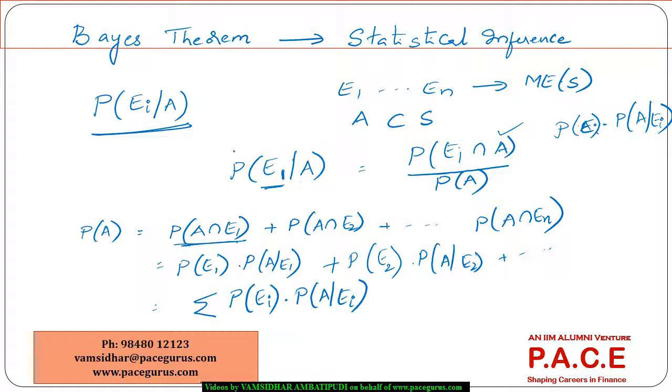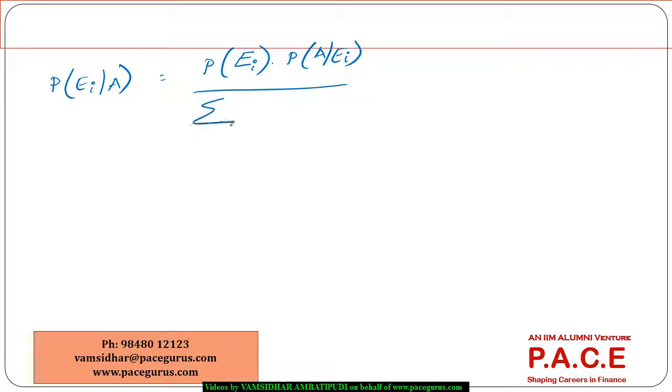Now if you look at this, if you take these two parts, I can very well write probability of Ei given A as probability of Ei multiplied by probability of A given Ei divided by the summation of probability of Ei's multiplied by probability of A given Ei's.